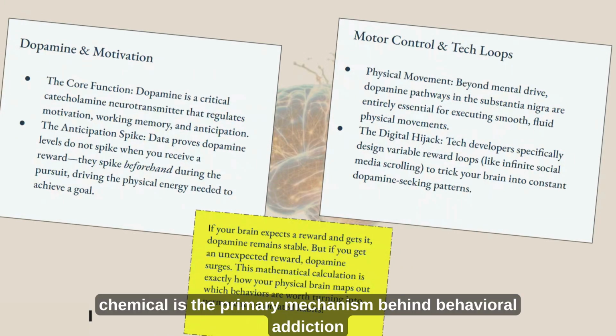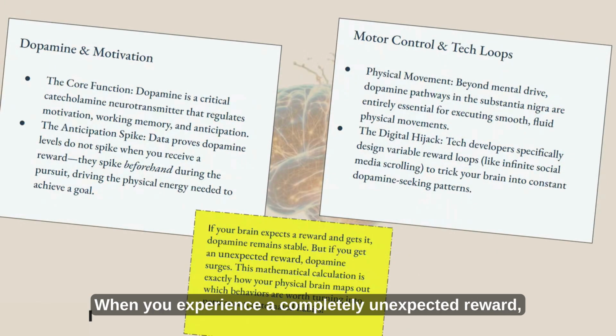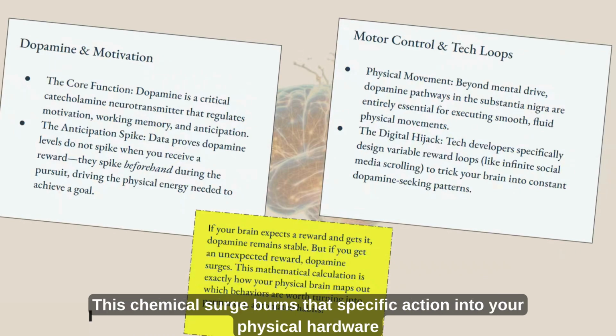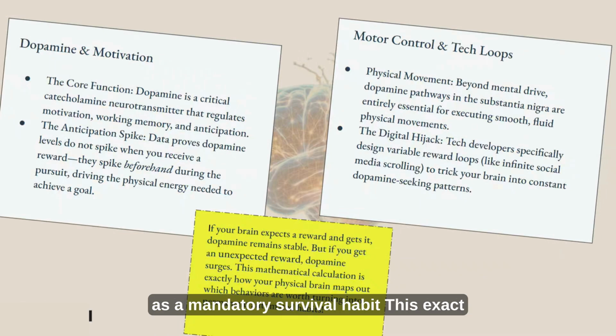Furthermore, this chemical is the primary mechanism behind behavioral addiction, governed by a calculation called the reward prediction error law. When you experience a completely unexpected reward, your brain releases a massive wave of dopamine. This chemical surge burns that specific action into your physical hardware as a mandatory survival habit.